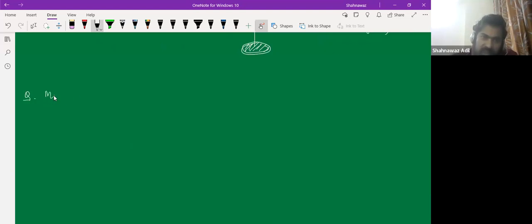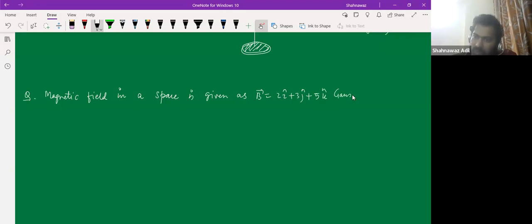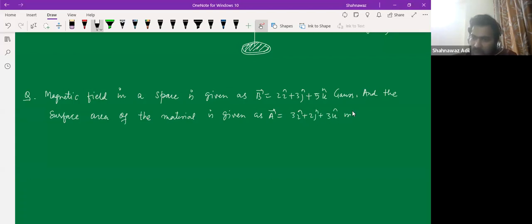The question is that the magnetic field in space is given as i plus j plus 5k, and the surface area of the material is given as i plus 2j plus k square meters.